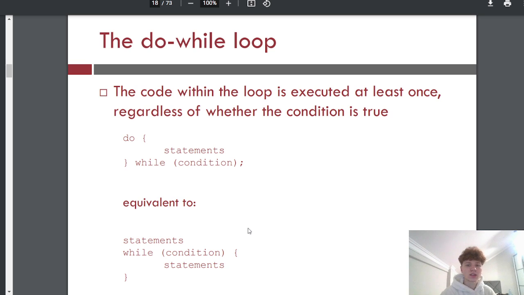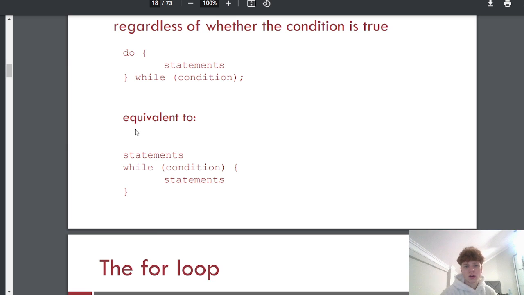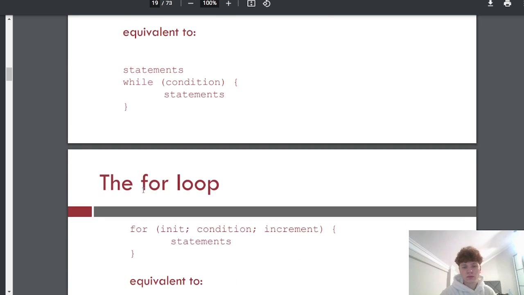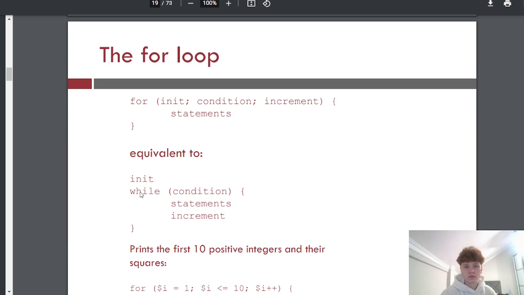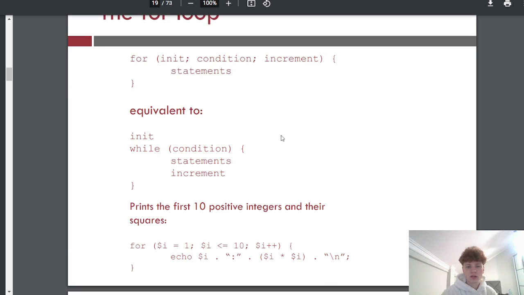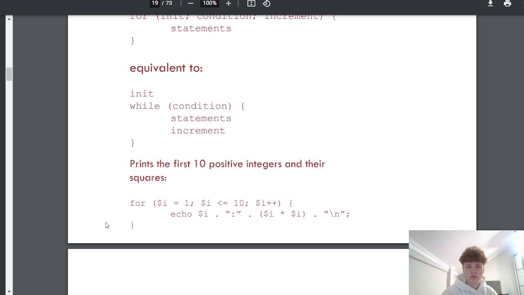The code within the loop is executed at least once, regardless of whether the conditional is true. Example. The for loop: for, conditional, increment, statements. Example.